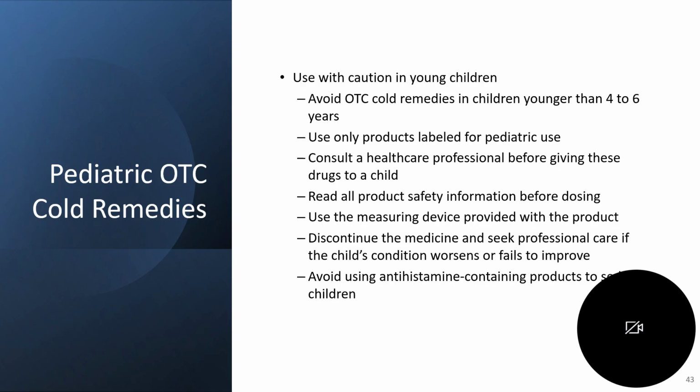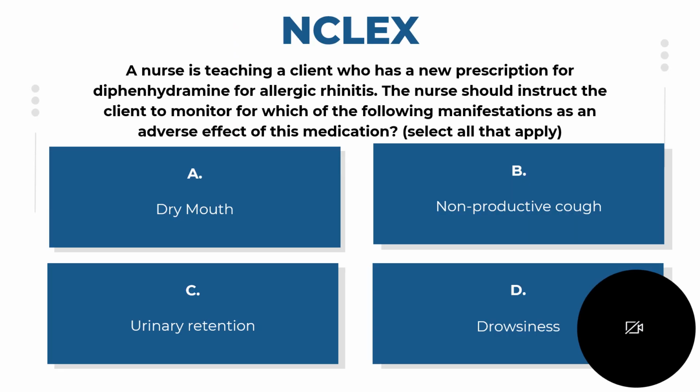You can't guess, especially when giving that to a kid. There's a big range there of what that looks like. So make sure you're using what comes with that. And then if it's not helping them, make sure that you are calling their doctor.